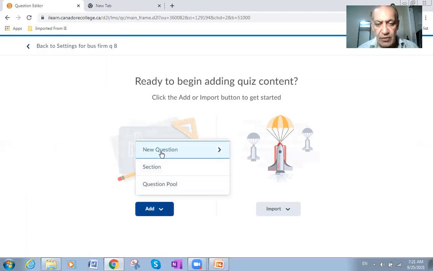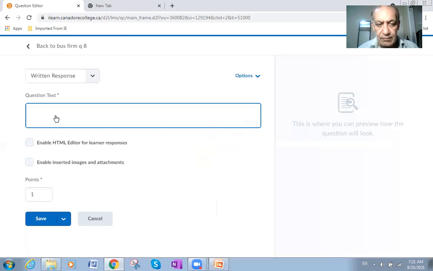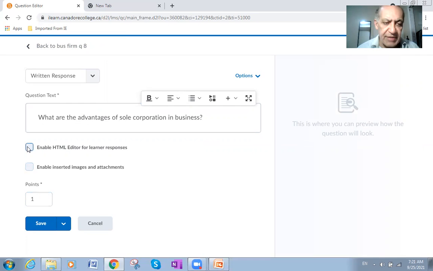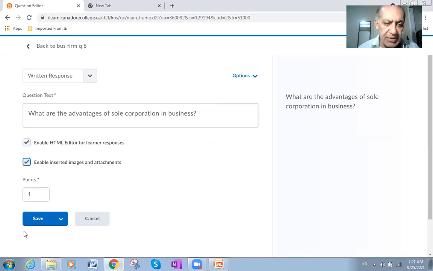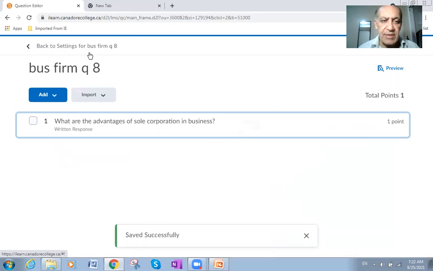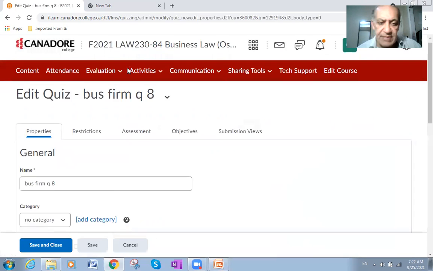What are the disadvantages? What are the advantages? So one question is what are the advantages, and the other, what are the disadvantages of corporation? And I will release those questions right now for you guys.